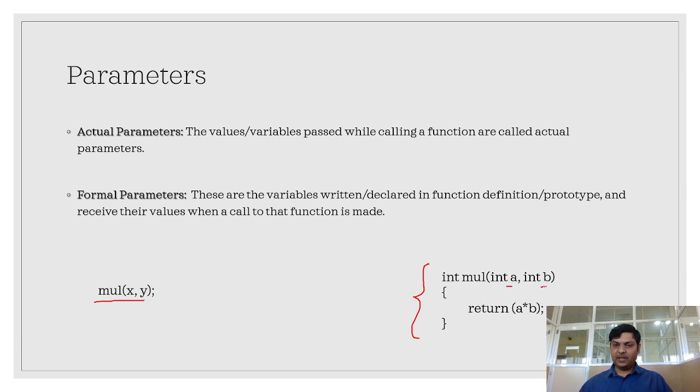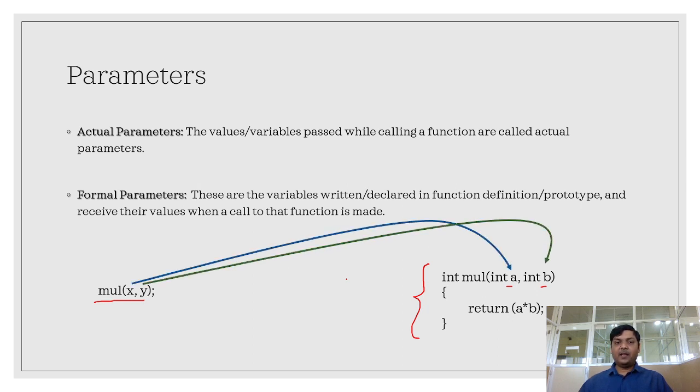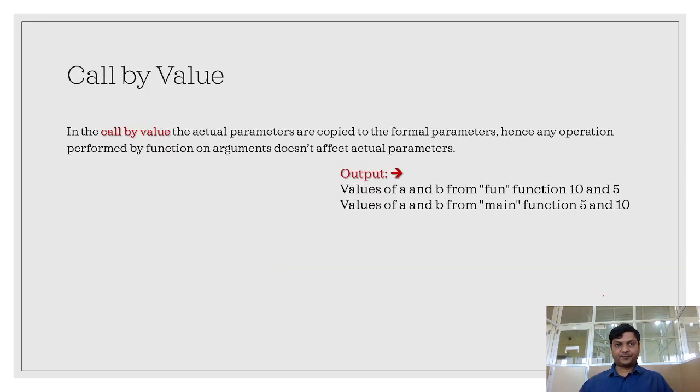Both are integer type. So in that case, this kind of passing parameter is called actual parameter, while this is the example of formal parameter.